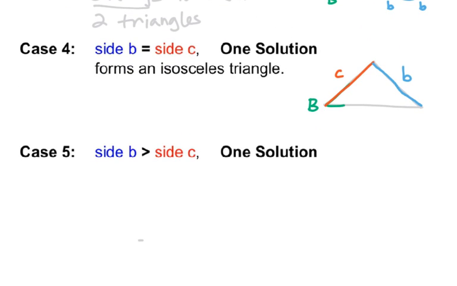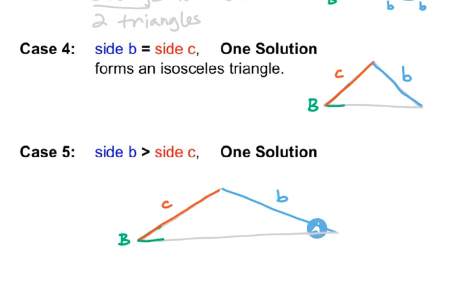So the way this one works, I have still angle B, I have side C. And in this case, side B is bigger than side C. It's longer. So maybe it's longer to the point where it comes out and touches my base right here. I'm trying to make sure it looks longer.